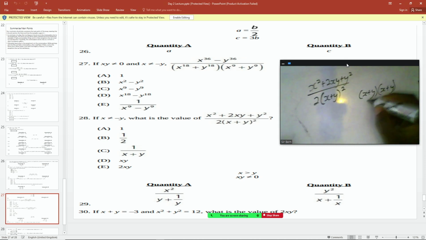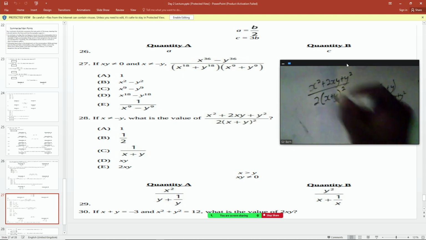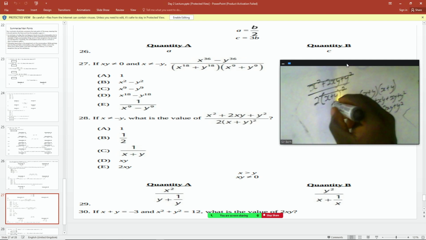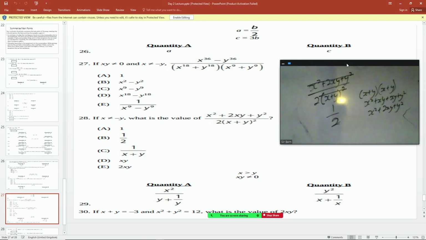So that will give us x squared plus xy plus xy plus y squared. So we have x squared plus 2xy plus y squared for x plus y squared. That looks the same as the numerator. So this numerator can cancel this denominator. You are left with 1 at the numerator and 2 at the denominator. So our answer is half. So 28, the answer is B. Moving on to 29.